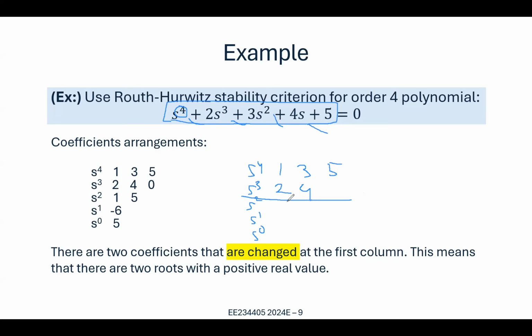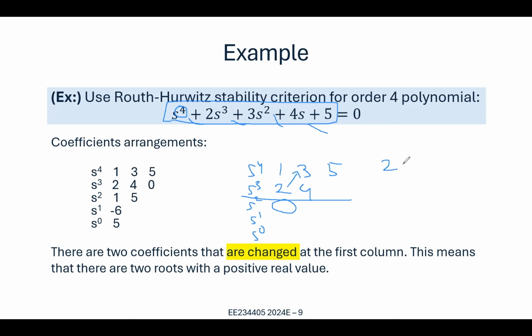Now we want to compute the value of the coefficient B1, related to the s squared row. So it would be 2.